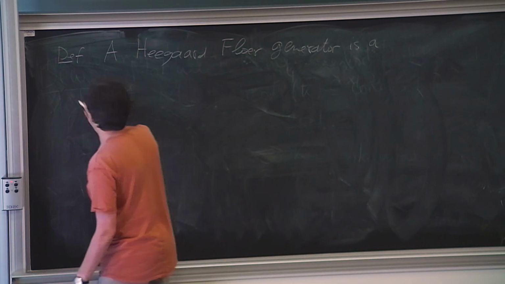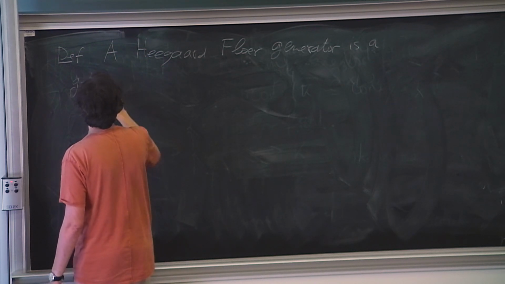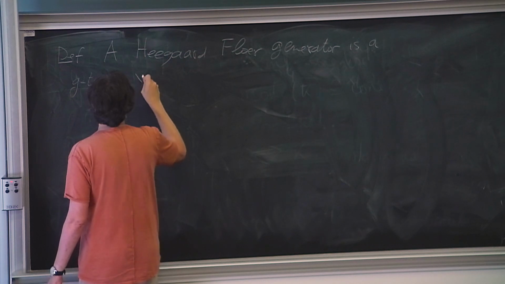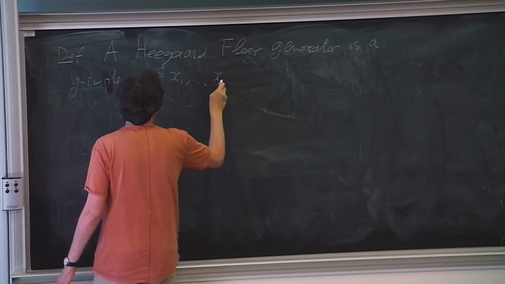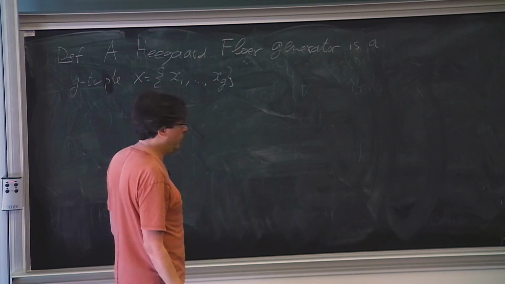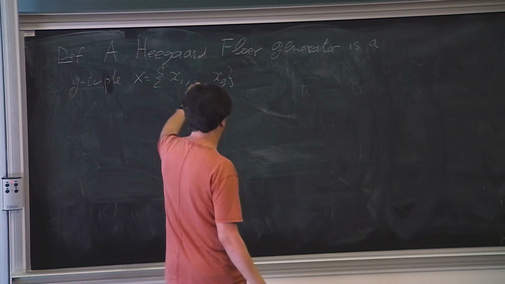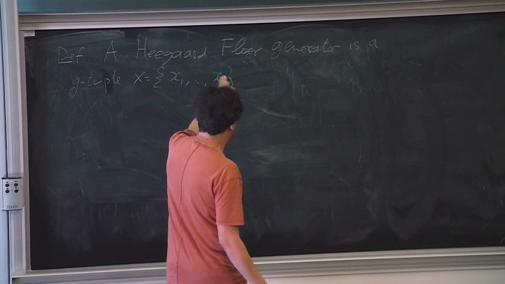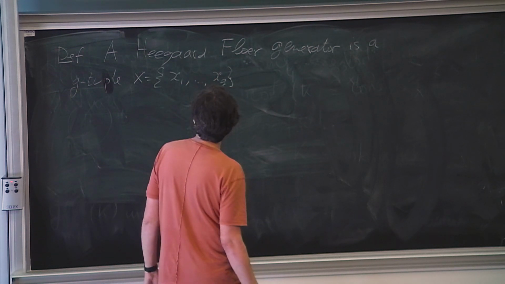It is a g-tuple, and in fact it's unordered. Like everything here, both alpha curves and beta curves, we have to number them to give them a name, but the order doesn't really matter.